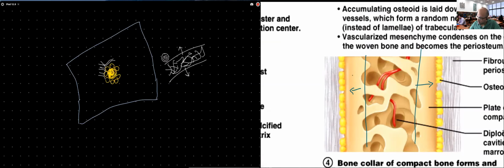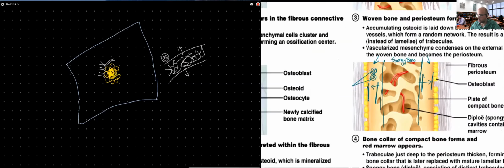So I will be capable of building up those regular patterns of the compact bone, which are my osteons. So I'm building up the osteons to the outside of the bone. This is why a flat bone is going to have an internal core formed of spongy bone, and on the outside of the spongy bone, on both sides, you've got the compact bone.